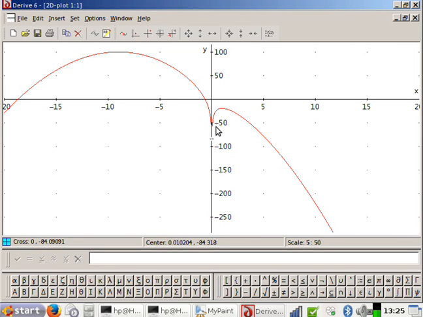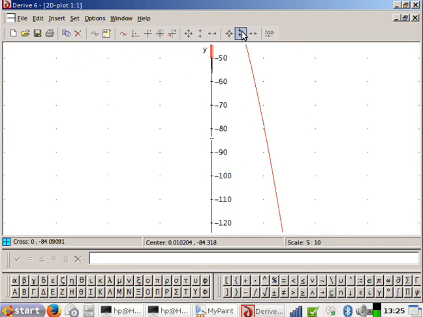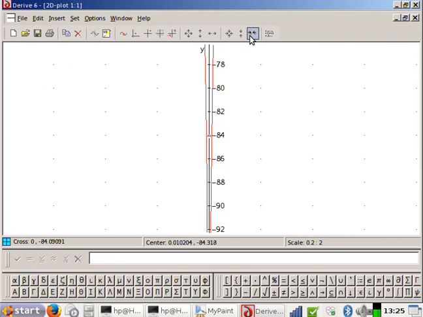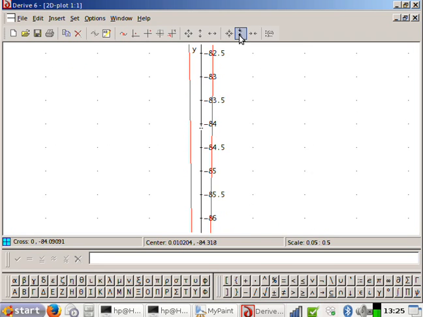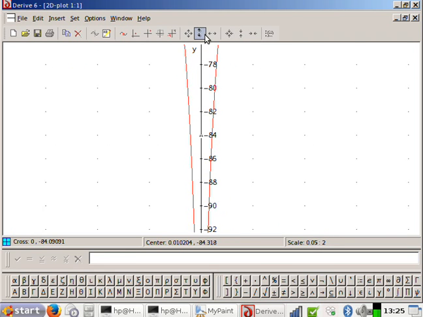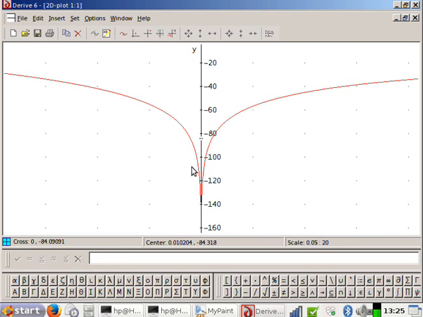Okay, so I know it looks like it has a value here, but if I now zoom in, oops, wrong way. See, I'm all the way down to minus 130. It's just going straight down to minus infinity. And you can't see that here.